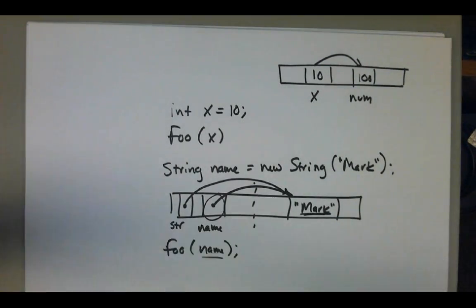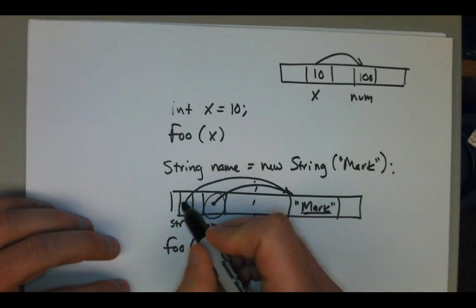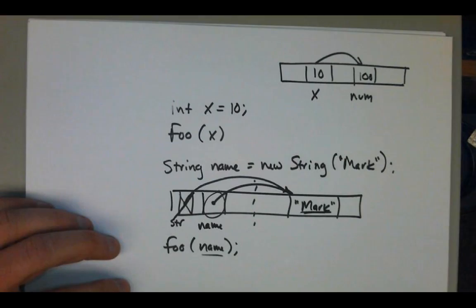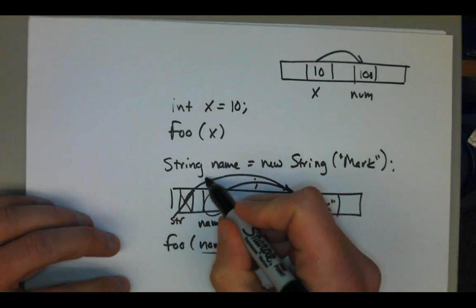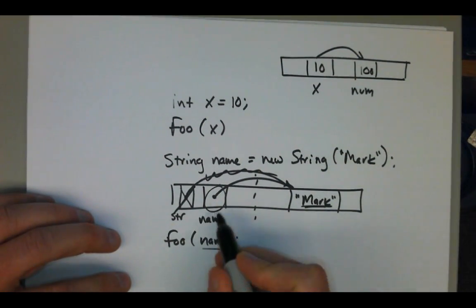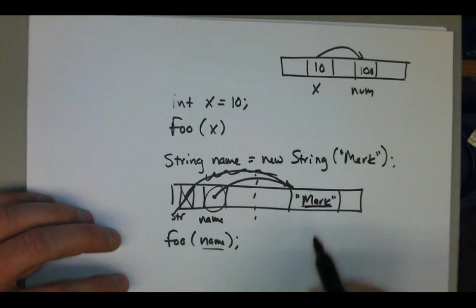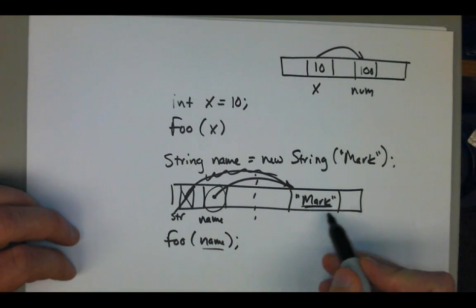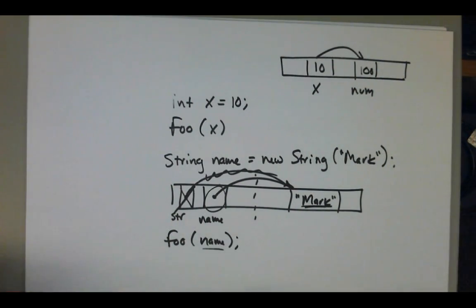Now when the flow of control jumps back to where this function was called, string will go away because that was a local variable, that was just a parameter. And now name will still point to the same chunk of data. So if it got changed at all, when the flow of control comes back, we'll see that name will refer to the updated data.